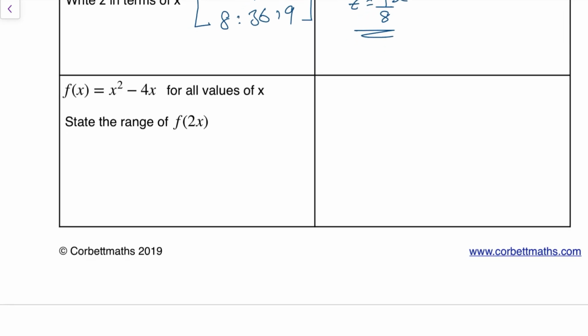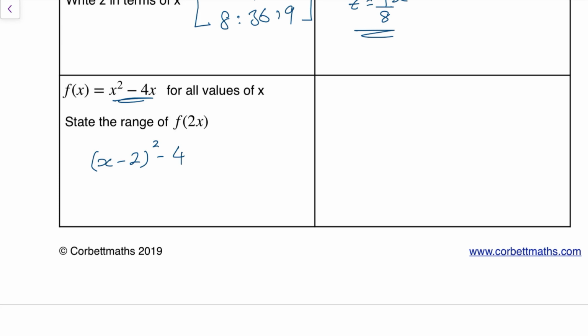Next and final question. It says f of x equals x squared minus 4x for all values of x. State the range. Right, I'm going to do it. I don't know how you were supposed to do this question. I'm going to try and talk you through how I think about this. So f of x is x squared minus 4x. In other words, x minus 2 squared minus 4.